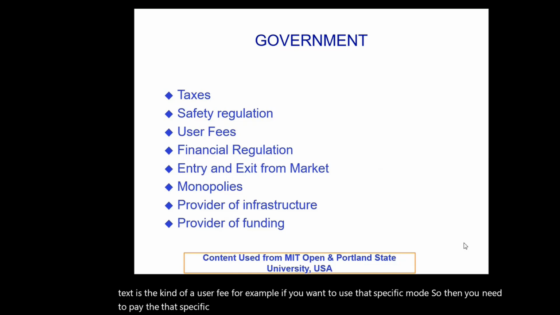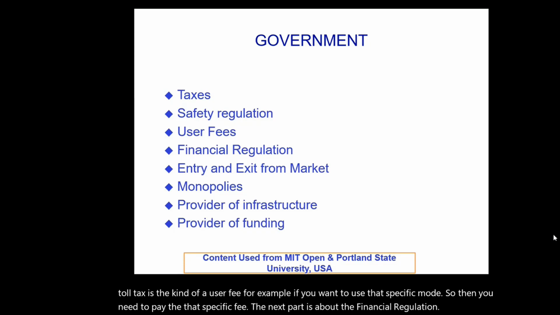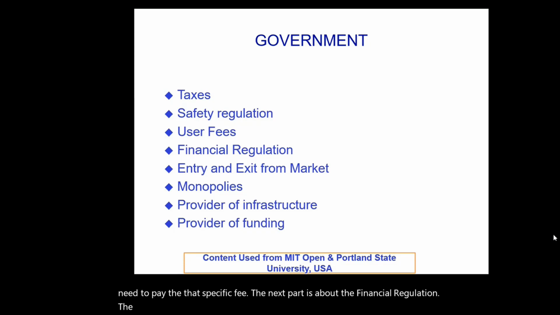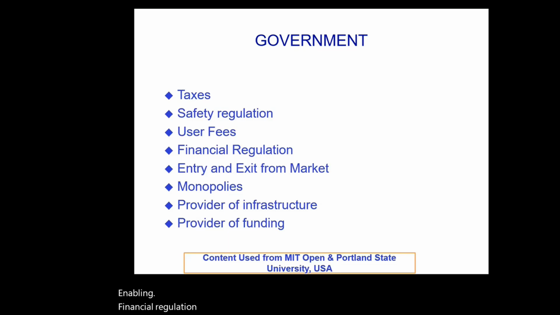The next part is about the financial regulation. The regulatory process generally comprises three stages. The one is to enable legislation, the creation of regulatory bodies, enabling financial regulation.